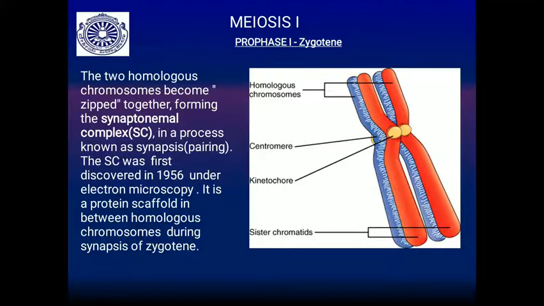You will find the two homologous chromosomes have now become zipped together, lying one above the other because of the development of a synaptonemal complex. This synaptonemal complex formation is known as synapsis or homologous pairing.